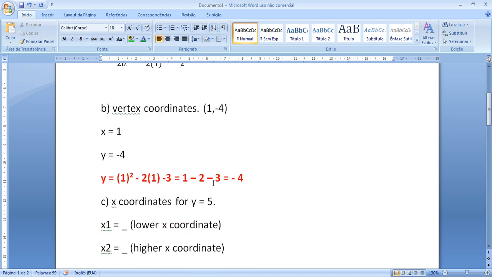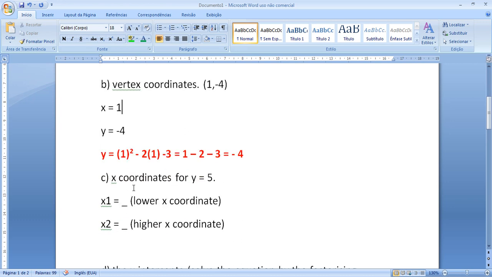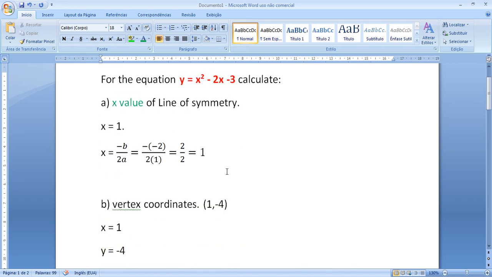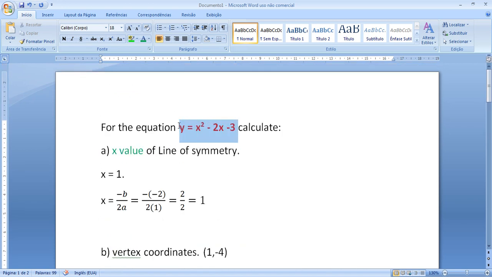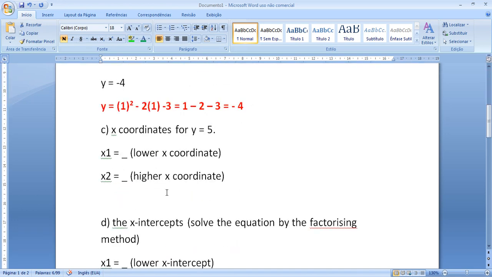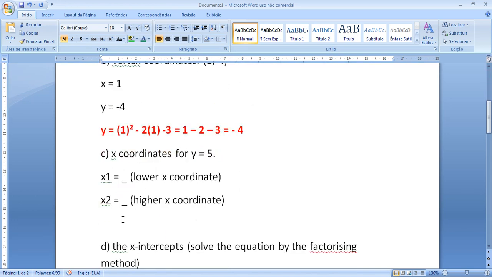Alright, letter C, the x coordinates for y equal 5. So you take this, Control C, you take this, and then you replace x here with 5 in the place of y. Okay, so let's manage this. We're gonna pass this 5 to the other side.